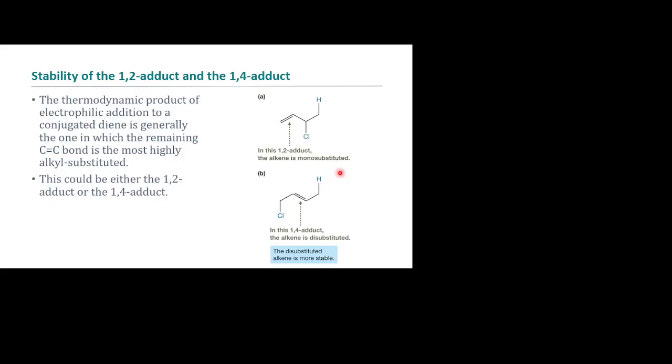That typically gives you the most stable final product. And so, for example, this one's a monosubstituted alkene. This one right here is a disubstituted alkene. And so this one's going to be the more stable form, right? If you remember your alkene stabilities, the more stable alkene is the one that's more substituted.